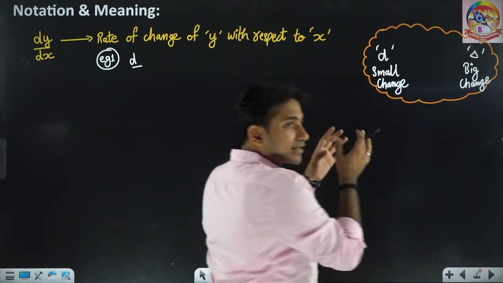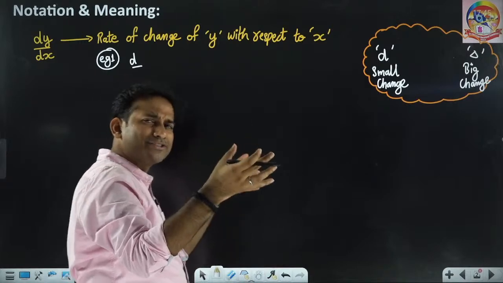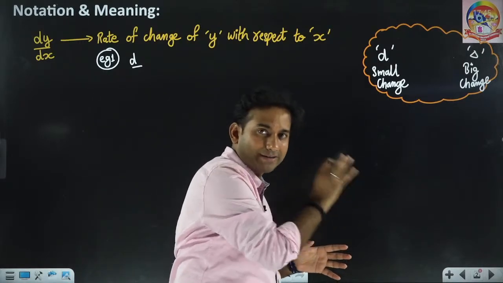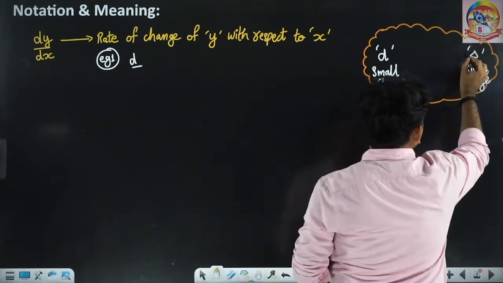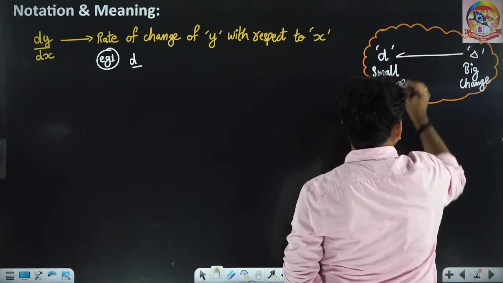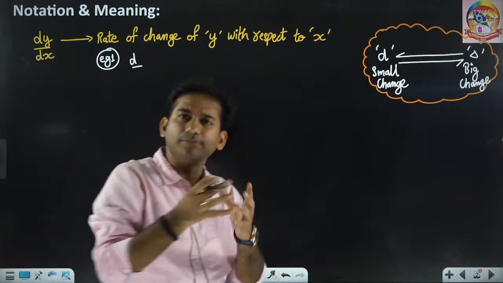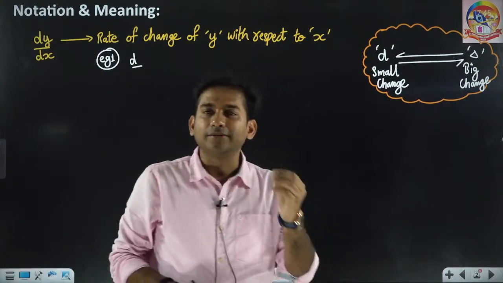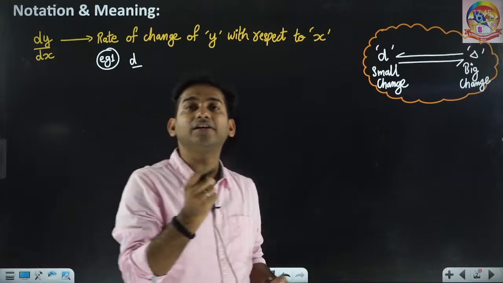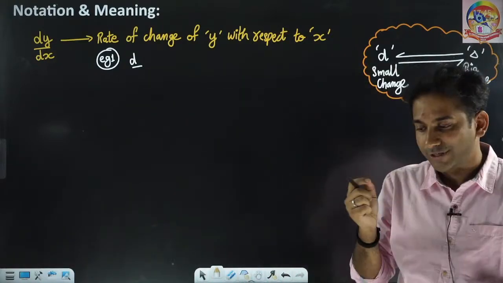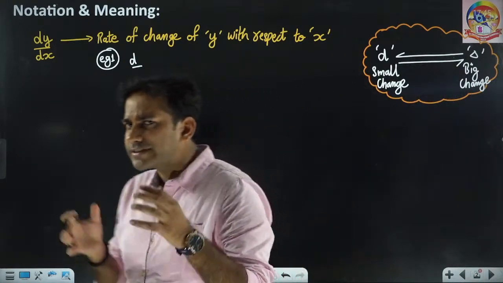If you want to consider your big change in small parts, then you will be making use of differentiation. And if you want to add, sum up or integrate, the literal meaning of integration is also summation.